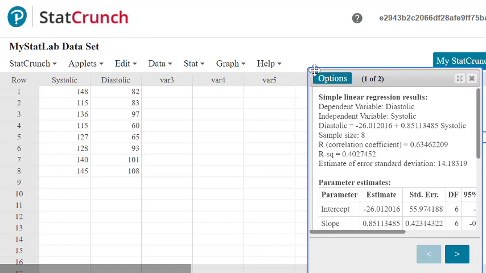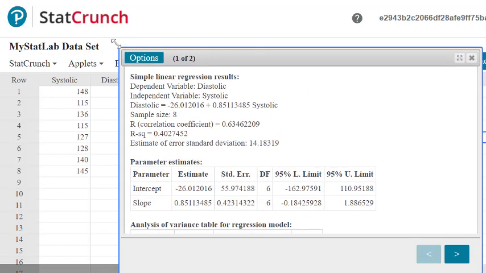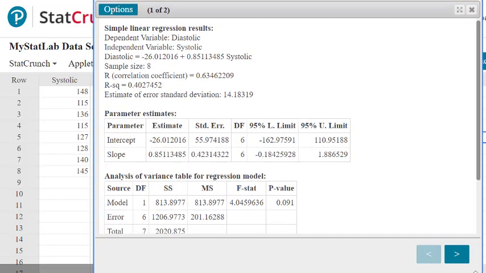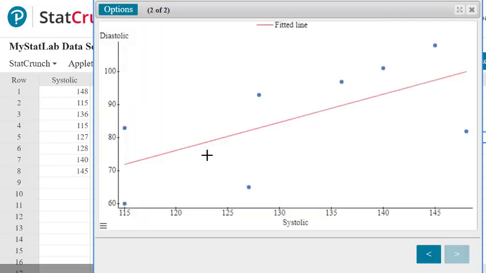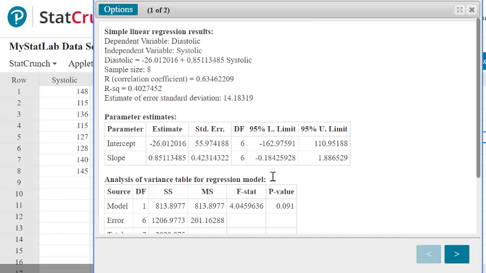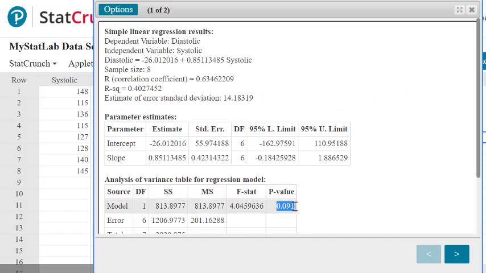We have our results rather quickly. Just a quick look at the graph. There's a lot of points and they're kind of far away from the line. I would guess there could be correlation, but most likely not. And we can take a look at the p-value to confirm.